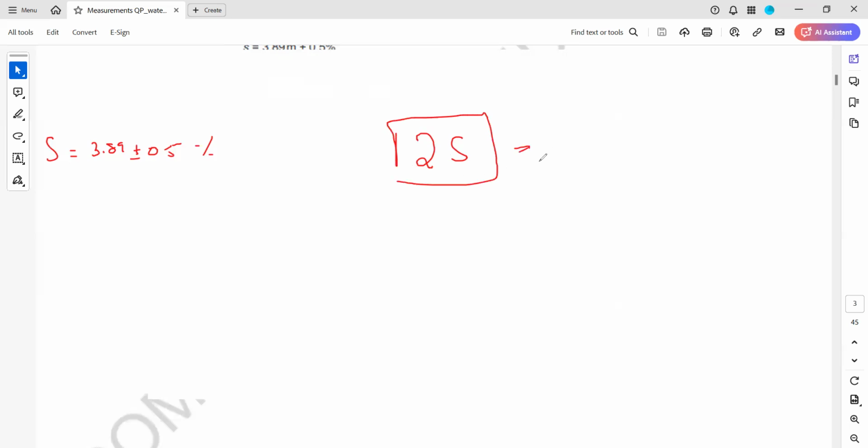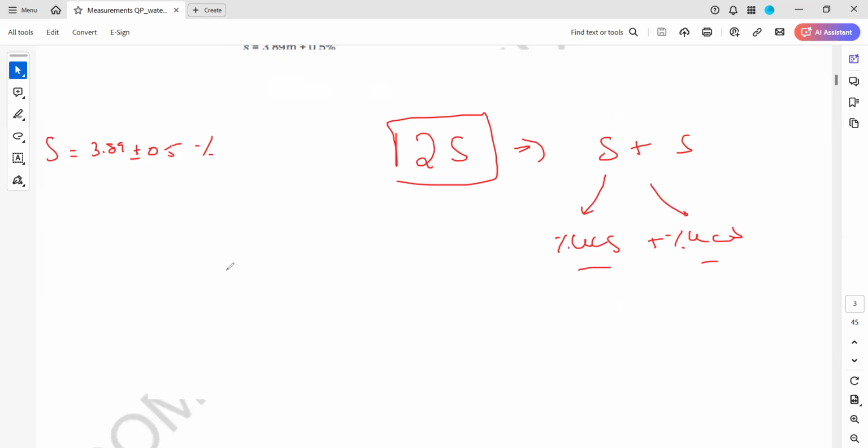So actually, what is 2s? 2s is equal to s plus s. So the uncertainty in s plus the uncertainty in s. In that case, the total uncertainty will be double.